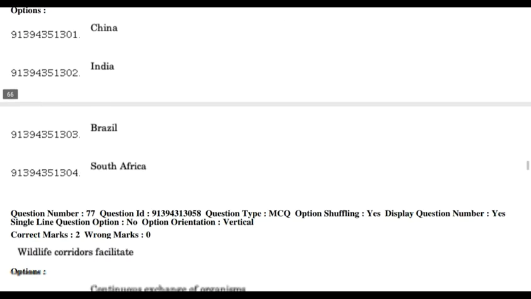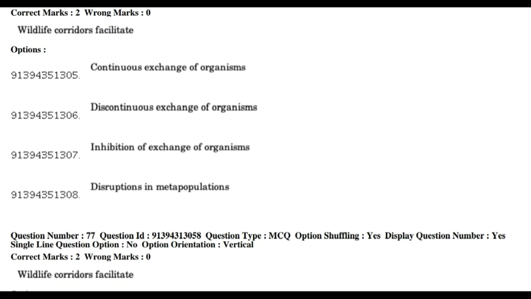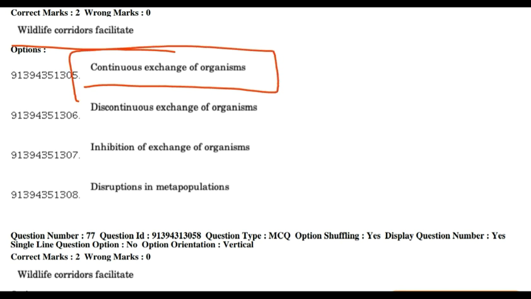Next, wildlife corridors facilitate what? Continuous exchange of organisms.